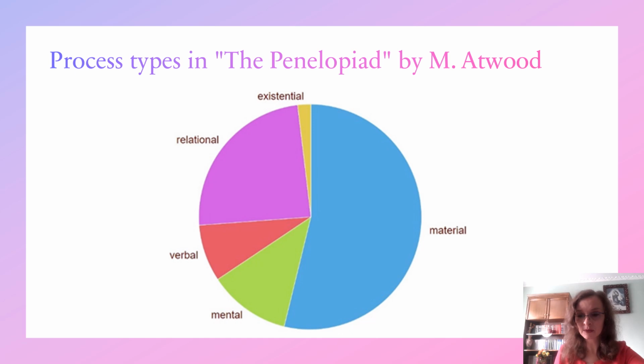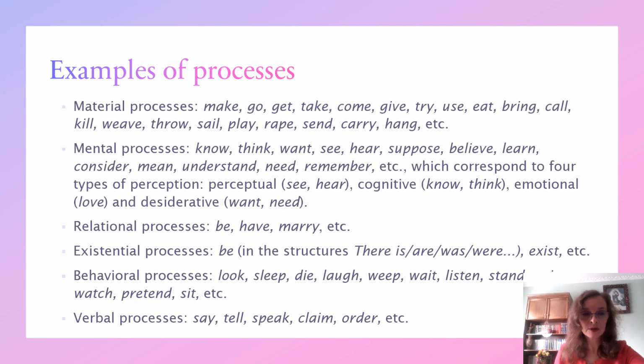As you can see from the chart, material processes prevail, then come relational, mental processes, and verbal processes. Here you can see examples of the verbs which are used to express different types of processes. They are provided in descending order in accordance with their normalized frequencies.